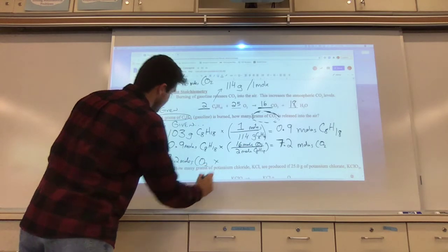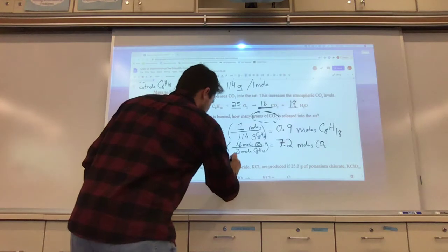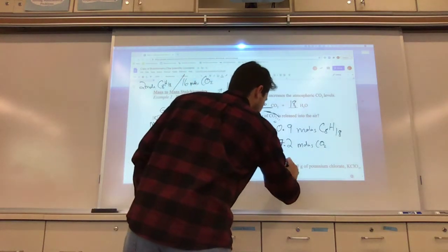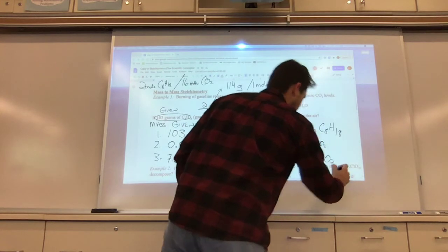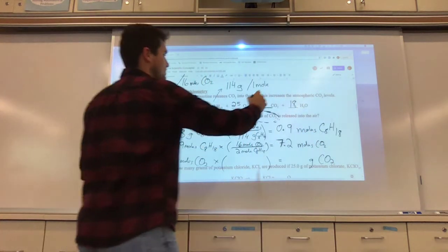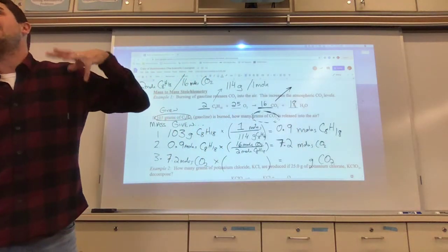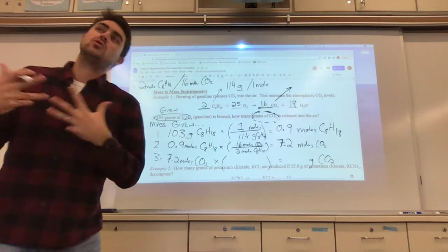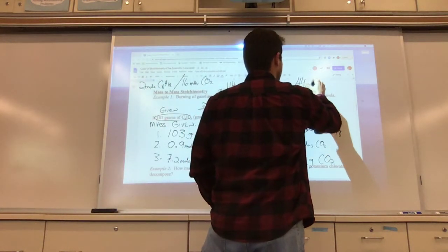I'm going to need a conversion factor. That conversion factor is my molar mass. I know I'm going to end up with grams of CO2. When I calculate out my molar mass of CO2, 12 plus 16 times 2, 44 grams per mole of CO2.